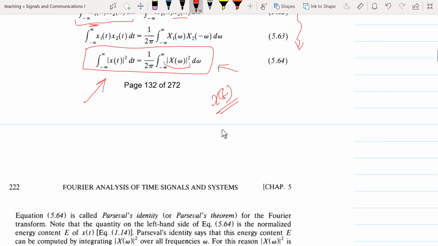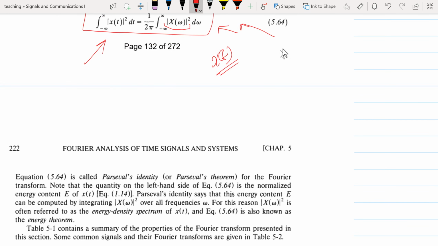Now this relationship is also called the energy theorem, because that is what Parseval's theorem states. If you want to find the energy contained in your time domain signal, you can obtain it by first finding the Fourier transform of the signal, and then integrating it over the infinite range, and as defined in equation 564, you are able to determine the amount of energy contained in your signal x of t.